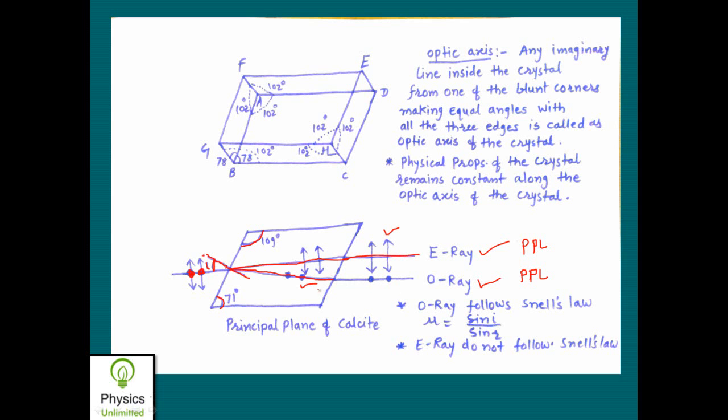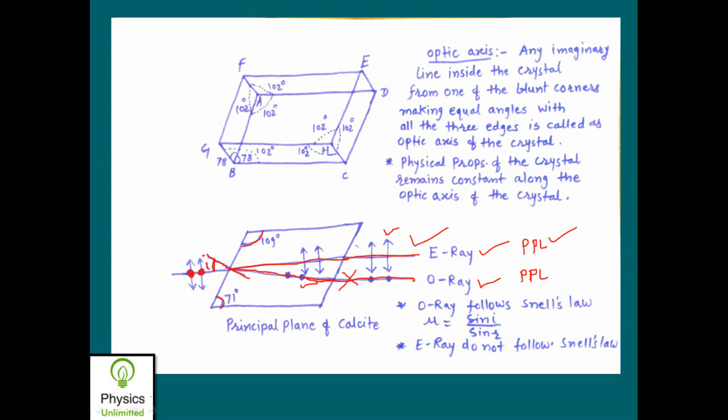Okay. Now, this is the phenomenon of double refraction. Here we obtain two refracted rays. That is why it is called the phenomenon of double refraction. And if we can eliminate one of the refracted rays, can we produce completely plane polarized light? Yes, sir. If I can eliminate this ordinary component of light, then I will have only the extraordinary ray, which is completely plane polarized.